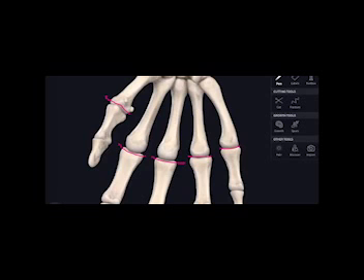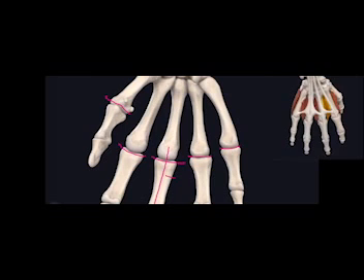Okay, so in our hand, the middle finger, the third finger, is the axis of movement. So when I say abduction, it's away from this middle finger. So the second, fourth, and fifth fingers are moving away from the third finger. The opposite, this is the abduction.